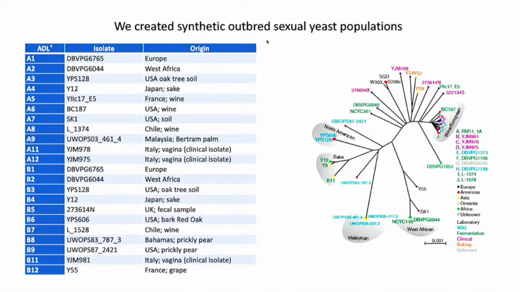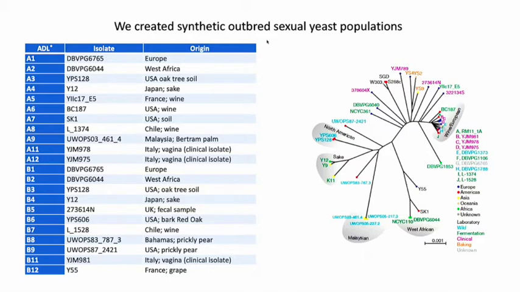Molly talked a little about our first foray into this system, where we used a 4-way cross that Gianni had done. What we've done since is we've sampled more extensively from the tree of this system, and we've done an 18-way cross, where these are all the strains we're looking at.